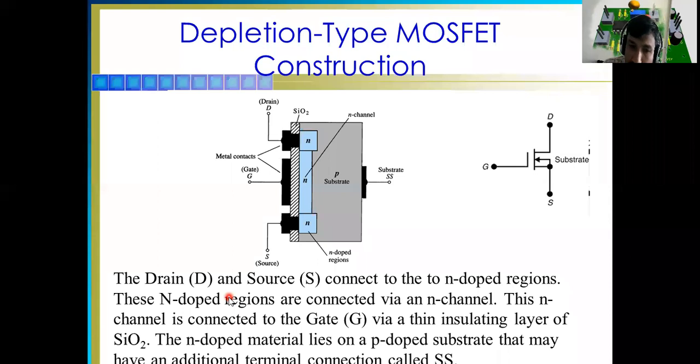So this n channel is connected to the gate via a thin insulating layer, that is the silicon dioxide. The indication is SiO2. You know the chemical name of it, what do we call it? Silicon dioxide, SiO2. Yes, sir.